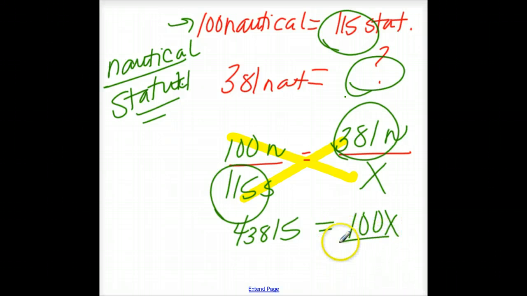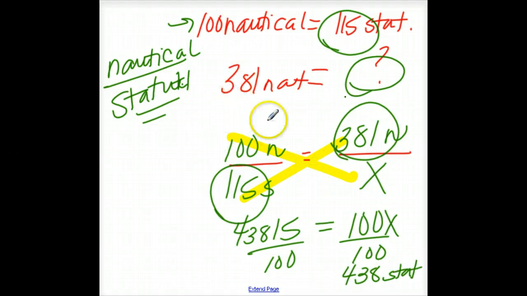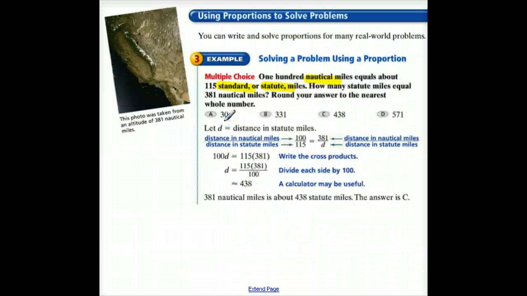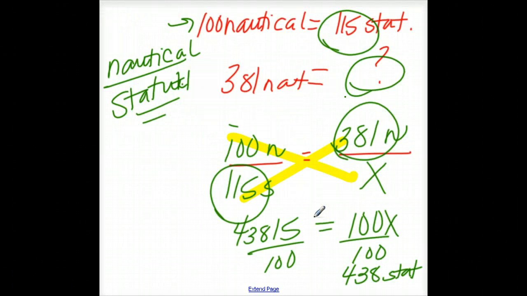To get x by itself, I'm going to divide by 100, divide by 100. That'll move my decimal 2 places in, round to the nearest whole number. 438 statute miles equals 381 nautical. Let's check the book. Looks like they got the same thing, about 438.